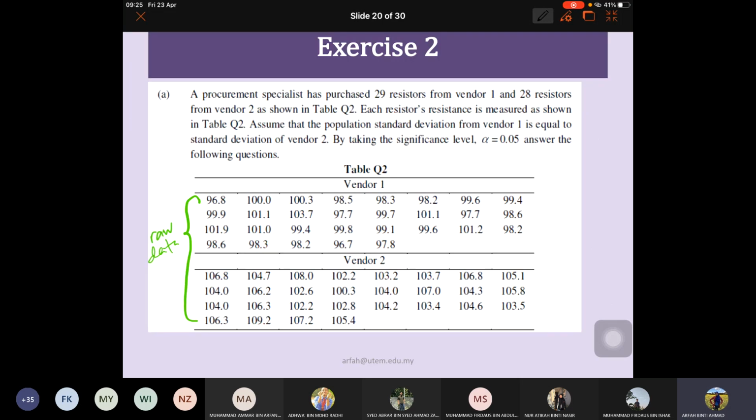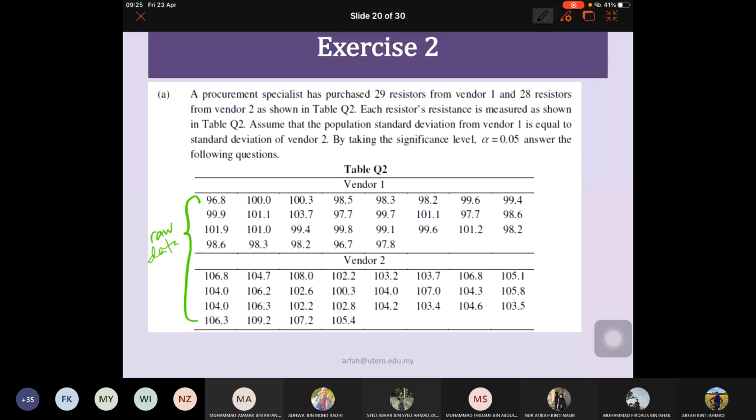A procurement specialist has purchased 29 resistor from vendor 1 and 28 resistor from vendor 2 as shown in table 2. Okay, so dia kata resistance is in table 2.